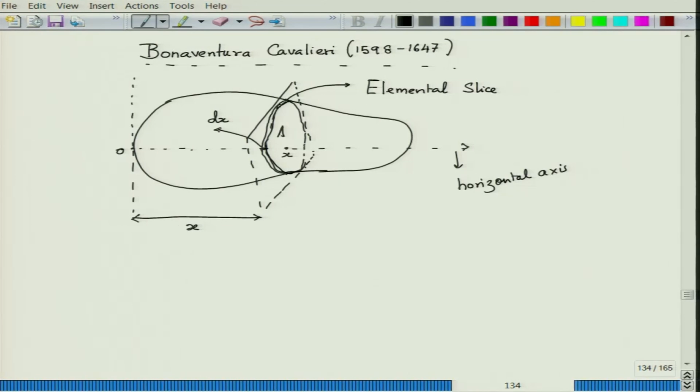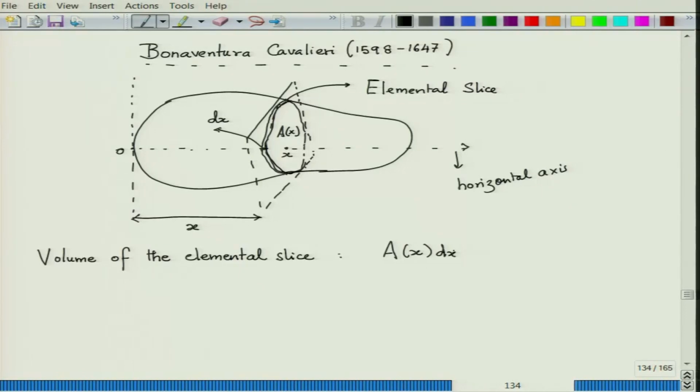So, area of this slice is A(x), and suppose I can find this area, then volume of this elemental slice is nothing but A(x) into dx.